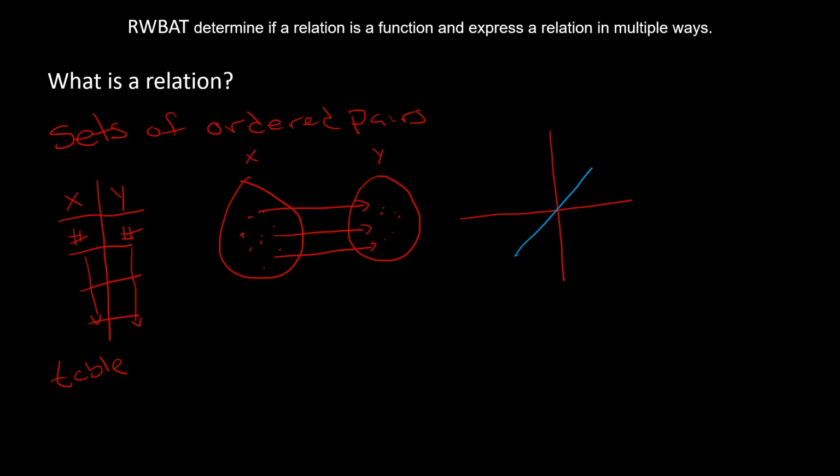Y'all could also see relationships as far as graphs. So if you saw something like this, it is a relation. You could even see something like this would also be a relation, right? And then we could even represent this as far as equations are concerned. So if we gave you something like y equals x squared plus 2x minus 1, this would also be a relation.